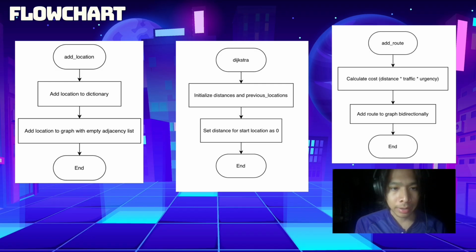It's going to initialize the distance and previous locations, then set the distance for the start location as 0. And the last one is add route. There's a function to calculate cost by distance multiplied by traffic and multiplied by urgency. Then it's going to add the route to the graph bidirectionally. And this is all for this class.